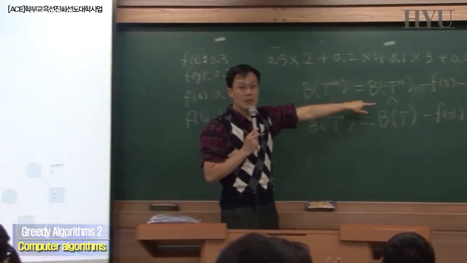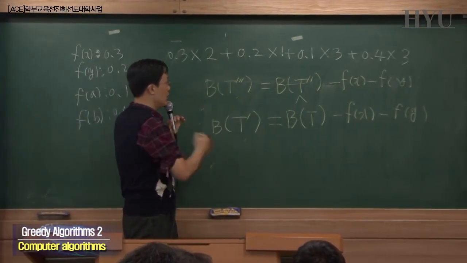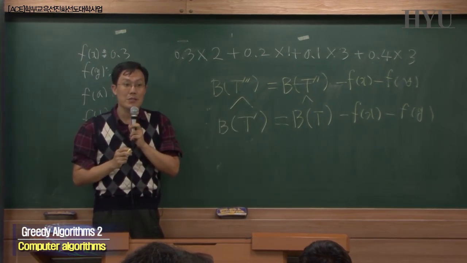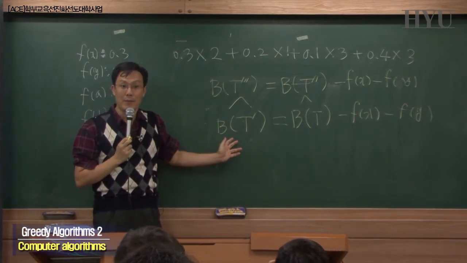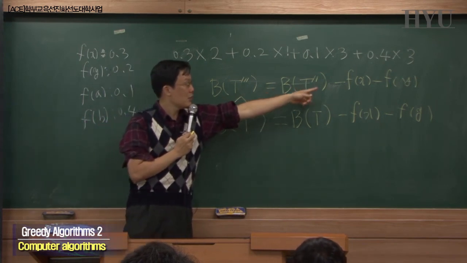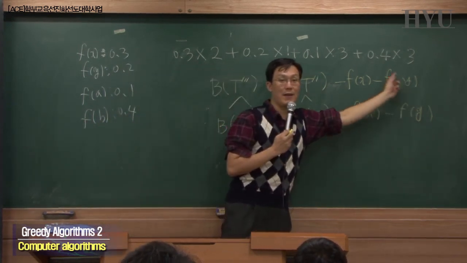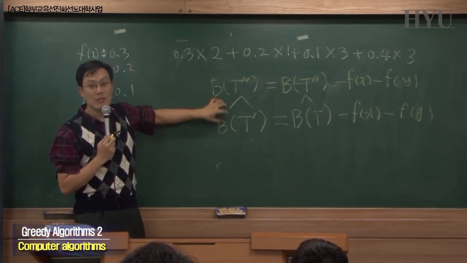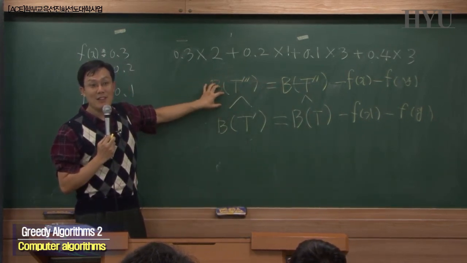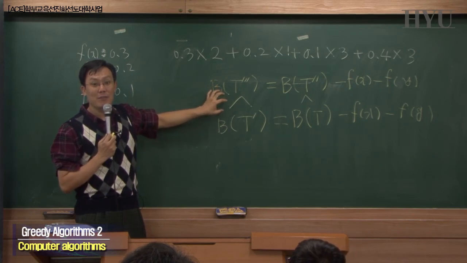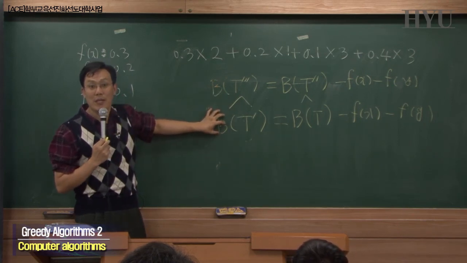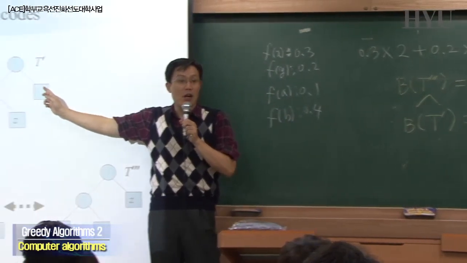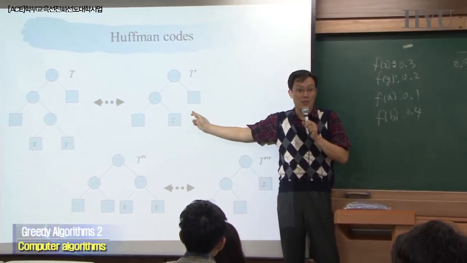Okay? Then the cost of T triple prime is smaller than the cost of T prime. Because look, this part is the same, and this is smaller than this, so this is smaller than this. Then there is a contradiction, because I said T prime is the optimal tree with 3 leaves.